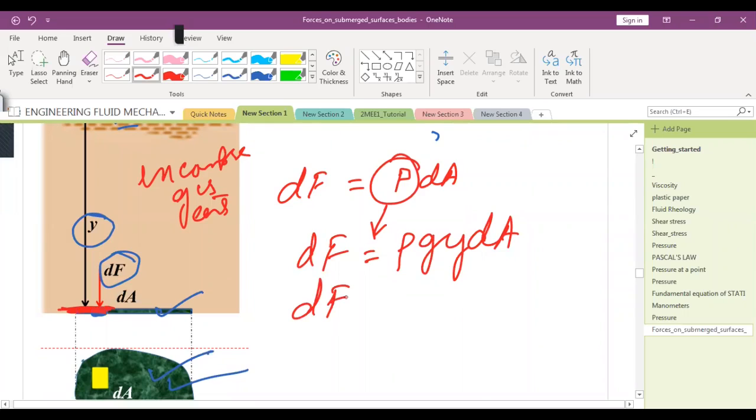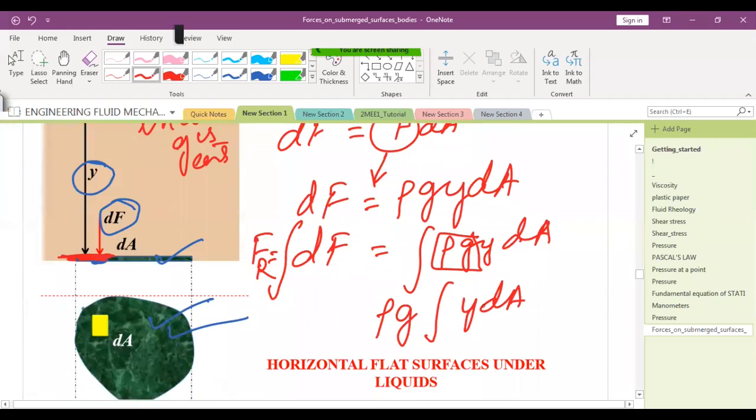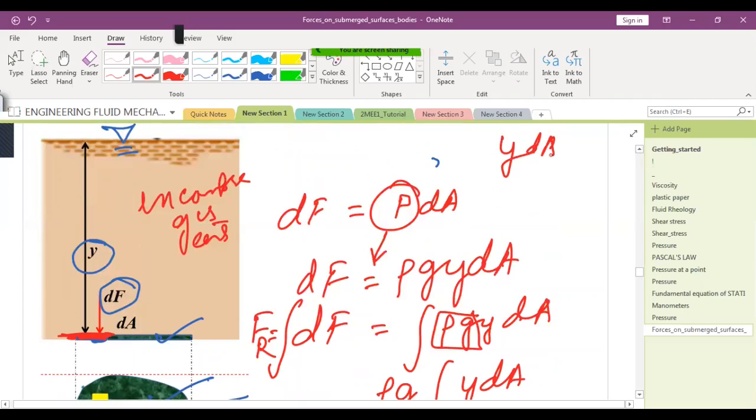If I take an integral to find the total resultant force, this becomes the integral of rho gy dA, and rho g is a constant, so I can take it out of the integral sign. This is the integral of y dA. And what is the integral of y dA equal to? If you remember from your mechanics course, the integral of y dA upon the integral of dA was equal to what?